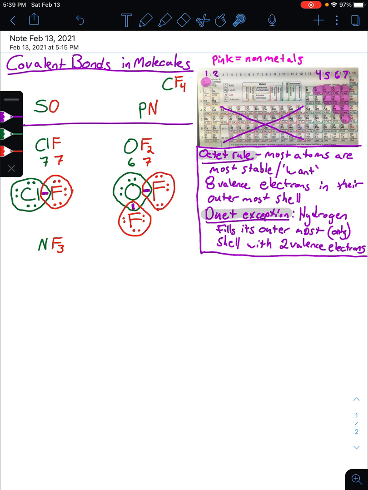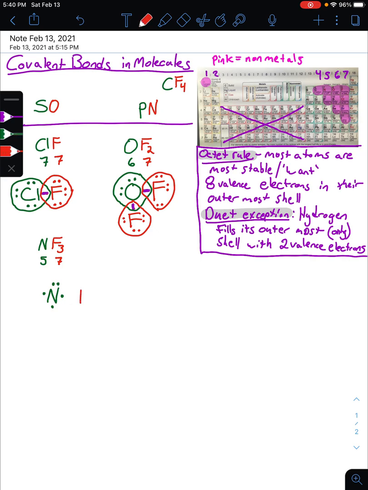Nitrogen, if we find nitrogen here, trace up, we've got 5 valence electrons, while fluorine still has 7. So nitrogen with its 5 valence electrons, fluorine with 7 each. Draw your nitrogen since it has fewer valence electrons, therefore it can have more bonds first.